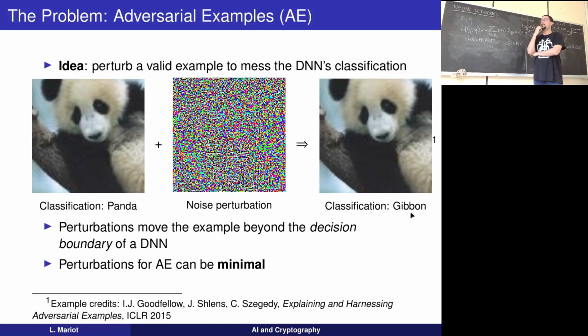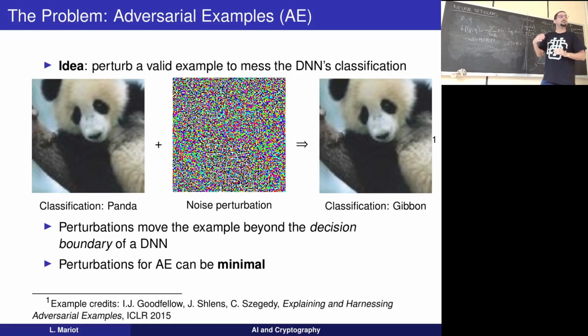Even if perceptually it still looks like a panda to us, the neural network will classify it as a gibbon, for example. The idea is that if you apply enough noise, you will move your point in the feature space from one side of the decision surface beyond it to the other side, and you will mess up the classification of the network.